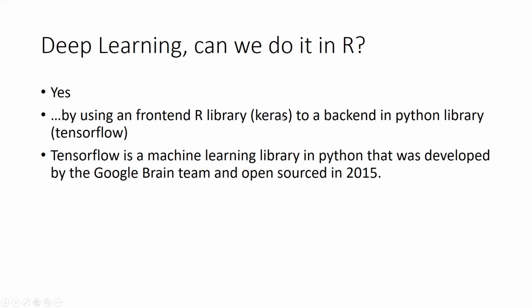Keras is kind of the equivalent of that. It is an API call to TensorFlow, if you want to think of it like that. TensorFlow is the back end. Keras is the front end, where we have our nice predefined functions. We just call them in R, so we don't have to do loads of programming to make TensorFlow work.